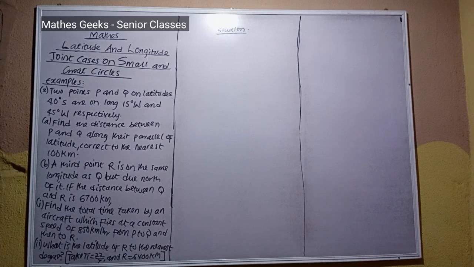Two points P and Q on latitude 40 degrees south are on longitude 15 degrees west and 45 degrees west respectively.